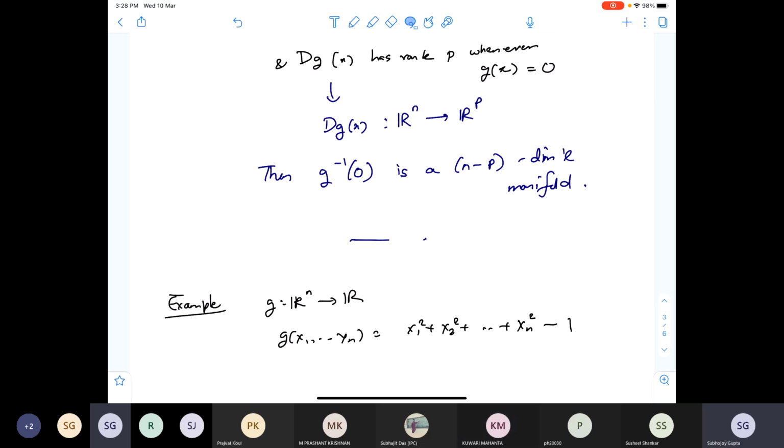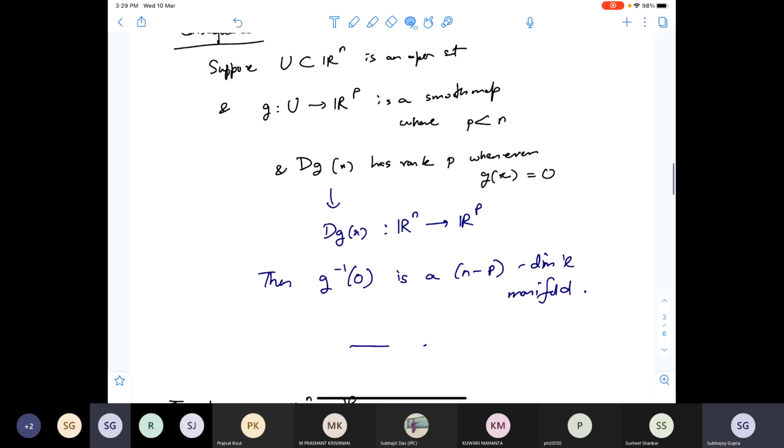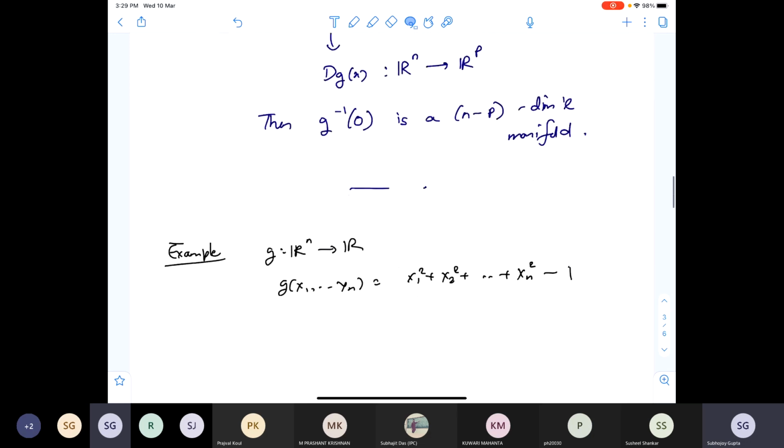Excuse me, sir, is this g inverse of 0 something similar to regular surfaces? Yeah, absolutely. This will be the notion of a regular pre-image later on. I haven't yet defined what a regular value is, but yes, you might have come across some of these things before.